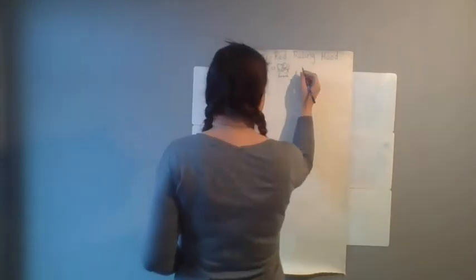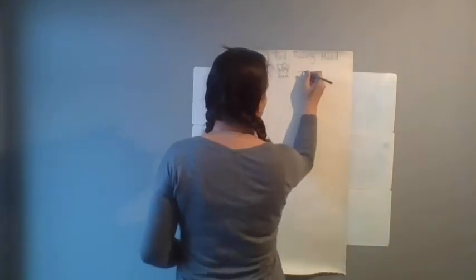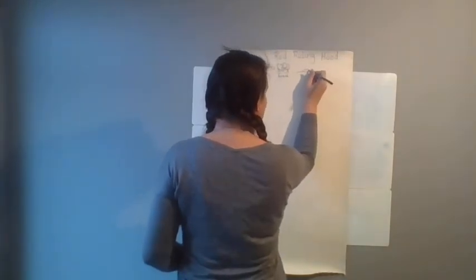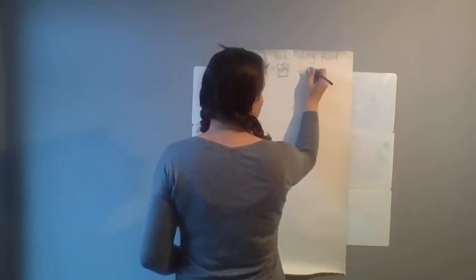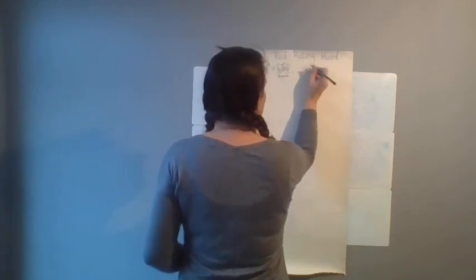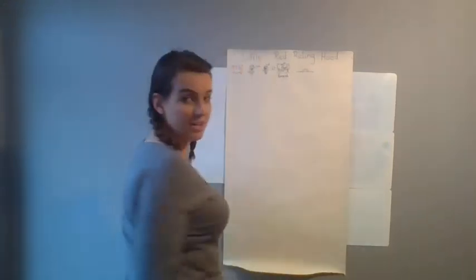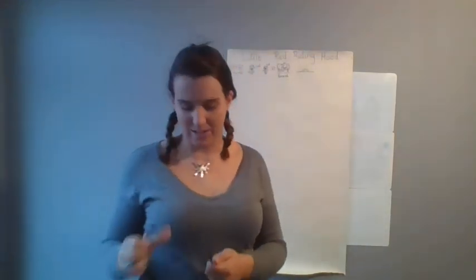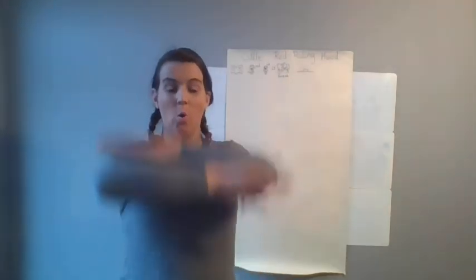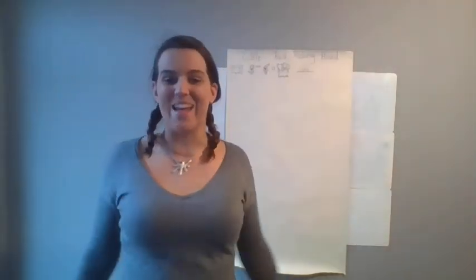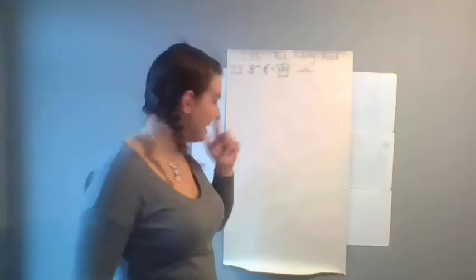We're going to say one day, and we're going to draw a sun rising. Because we know, don't we, from doing our time work, that the sun rises in the daytime. So, one day. Let's do the action all together. One day. Amazing. Well done, everybody.